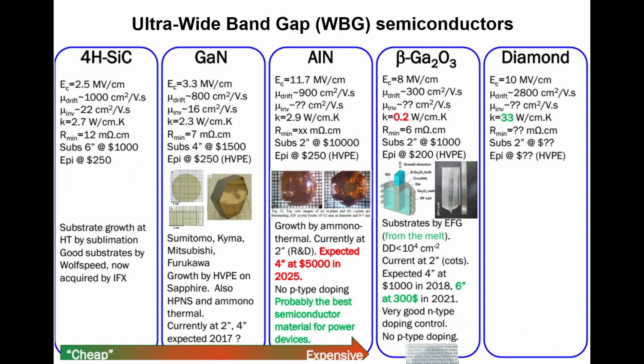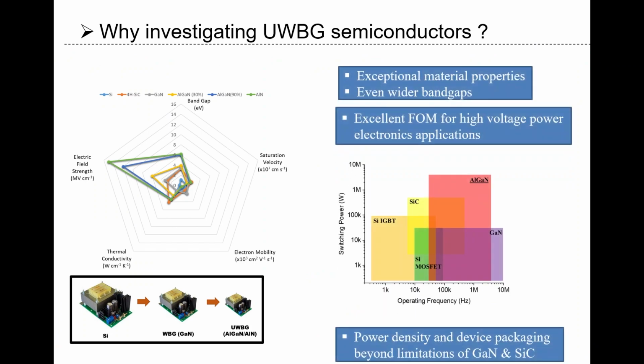I think I don't have really much time for the rest. I'm really sorry, but I'll just go fast through a few more slides. So you have a bunch of material here. I don't have time to go through them. One example is aluminum nitride. I'm not talking about gallium oxide, which is as interesting as this one.